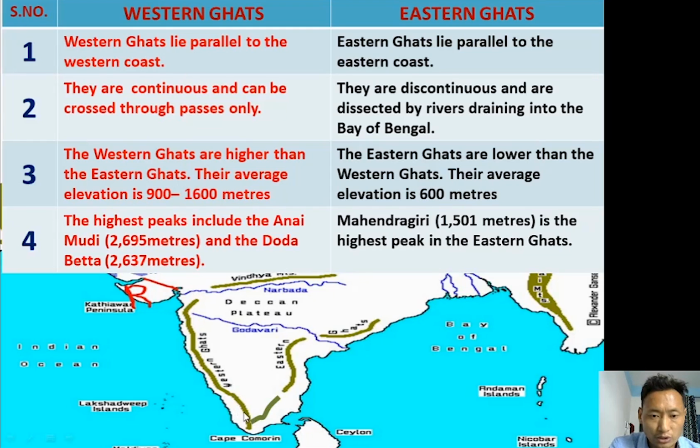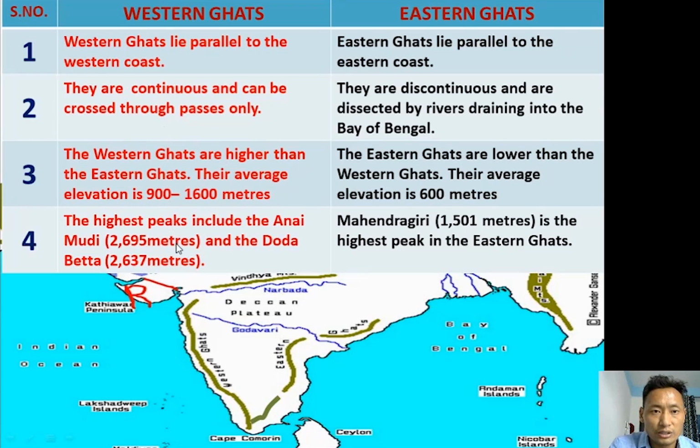Coast means those areas which are very close to sea or water or ocean; these physical features are called coast. If we talk about the location of Western Ghat, it lies parallel to west coast. And Eastern Ghats lie parallel to east coast.